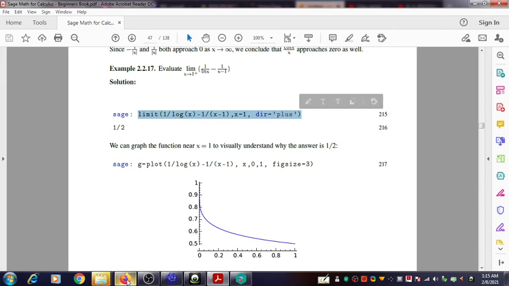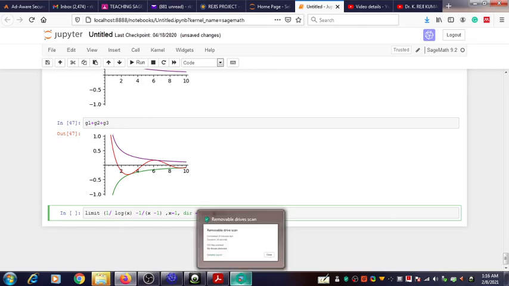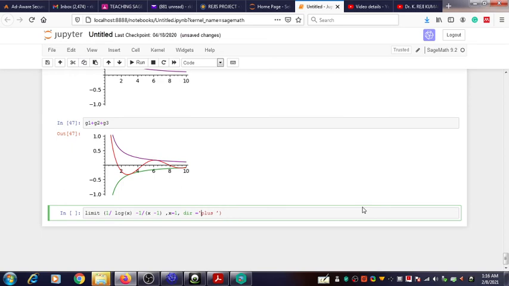We are going to typeset that in the Jupyter notebook, and you just replace that: put quotation, the direction is plus, you can type plus, and the single quotation is already there.